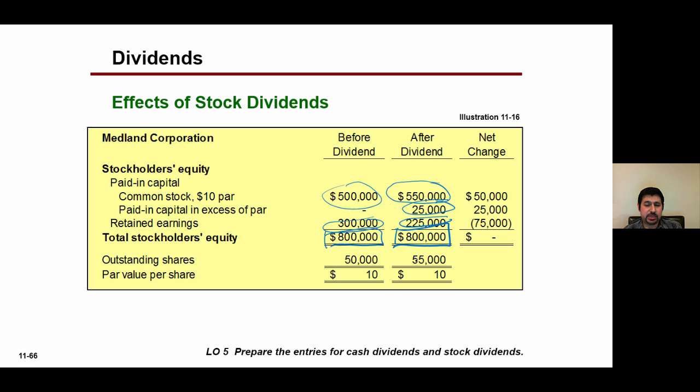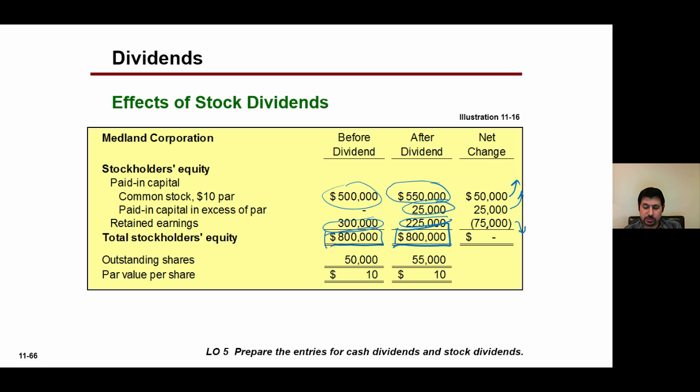So the number of outstanding shares has increased. Paid-in capital has increased, but retained earnings has decreased. So what happens here is that there was a transfer from retained earnings to paid-in capital. There was a transfer of 75,000.